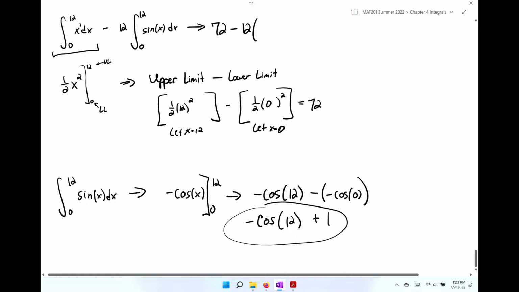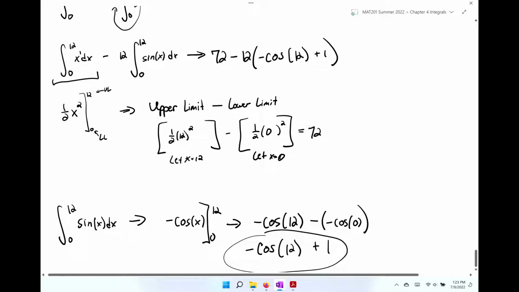All right. Now, the thing you got to remember here is we need to take this and substitute it all the way back up here. So at the end of the day, here's what you get. 72 minus 12 cosine of 12 minus 12, which reduces down into 60 plus 12 cosine of 12.